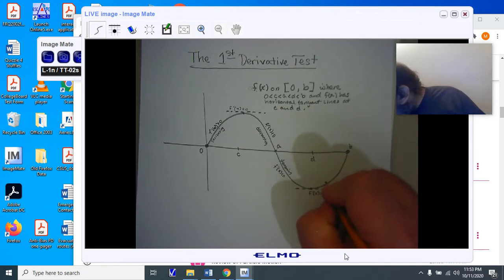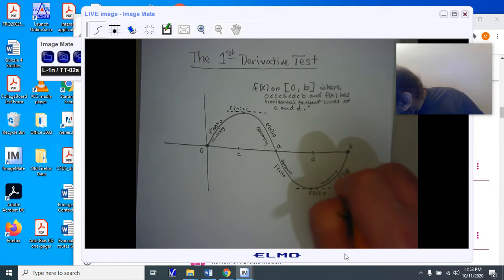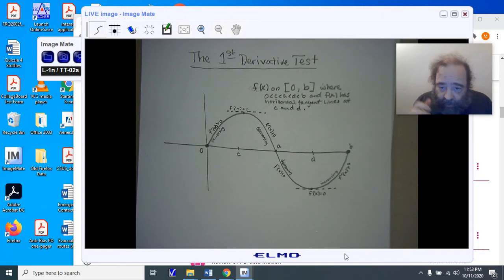And then we have the increasing interval. And with this increasing interval, our derivative once again changes into a positive. So when we're talking about the first derivative test, we're talking about a change in sign for f prime.